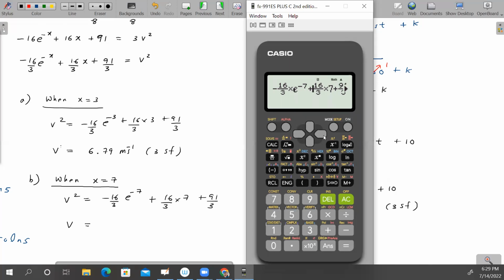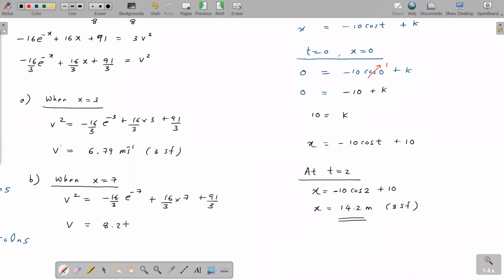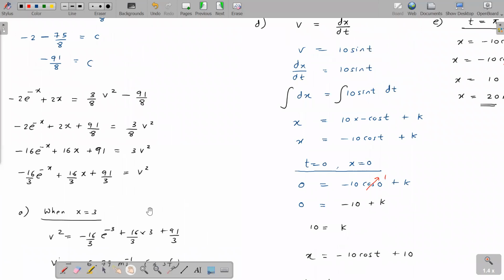Plus 16 over 3 into 7 plus 91 over 3. And I get 67.66. That is v square, so root the answer and we get 8.225. So correct to 3 significant figures, it is 8.23 meters per second.